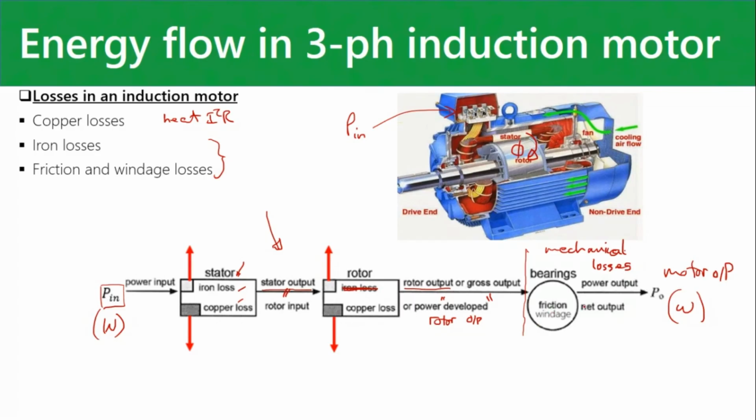So we subtract those losses. Remember, if they give you the motor output power and then they want you to work out the rotor output power, in this direction you subtract power, but to get the rotor output power from the motor output power, you have to add power. So you'd add the losses in the bearings to get from motor output to rotor output.